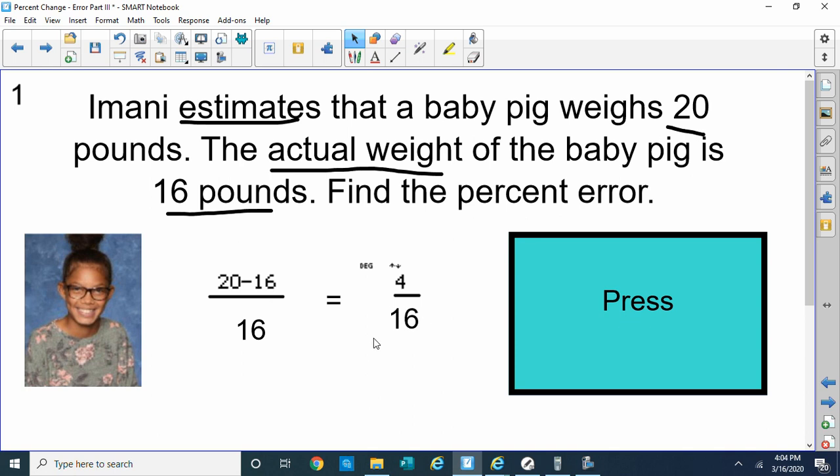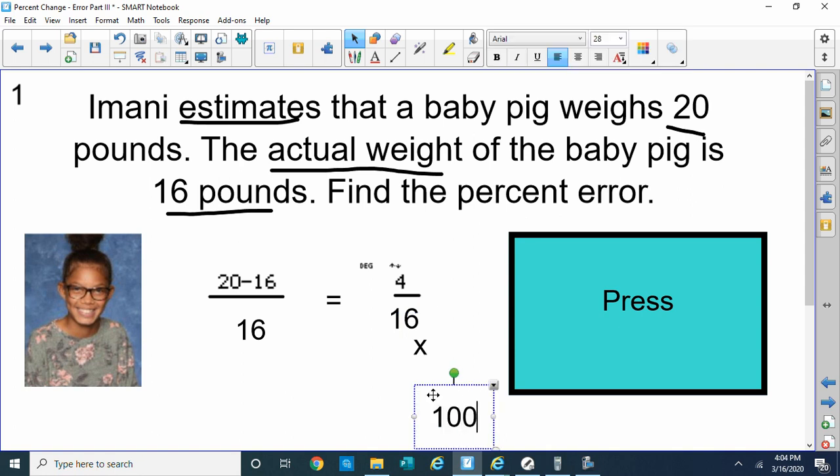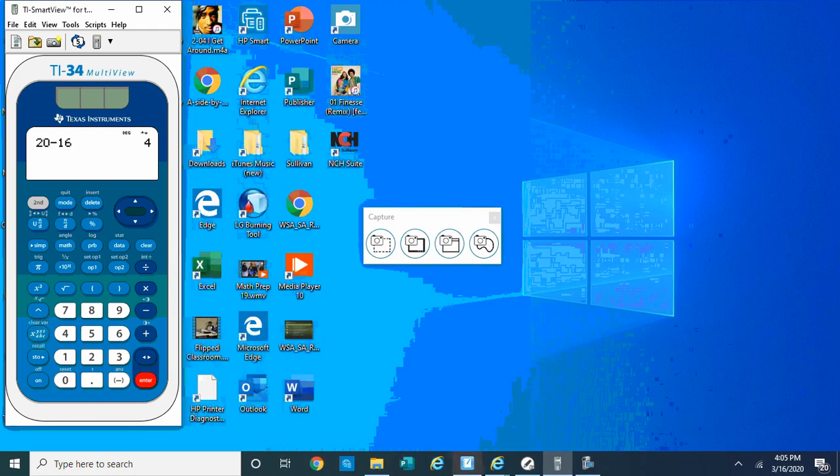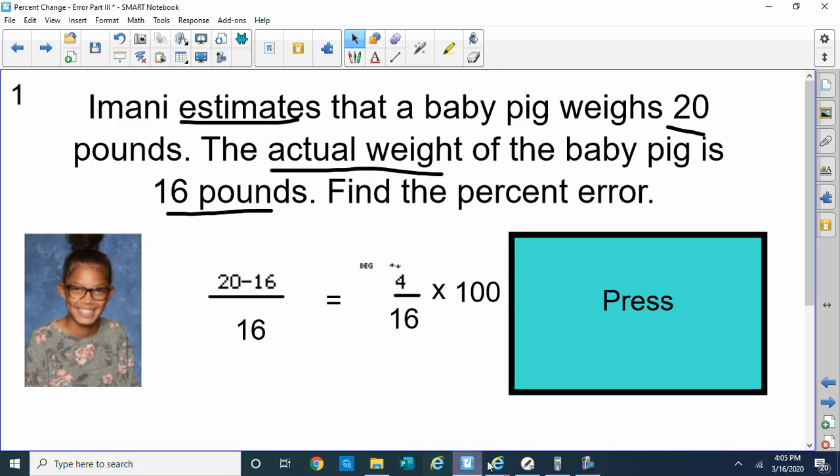So let's multiply that by 100. And let's bring that up there. And that'll give us our percentage. So calculator time. Let me get my calculator.